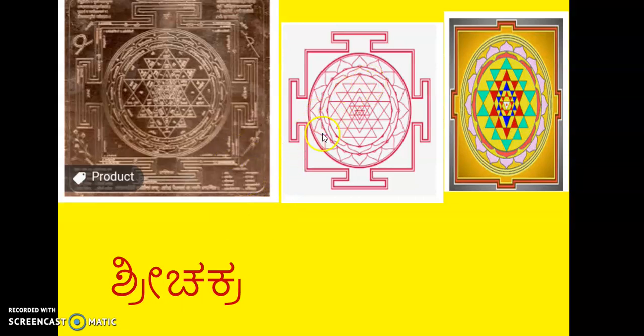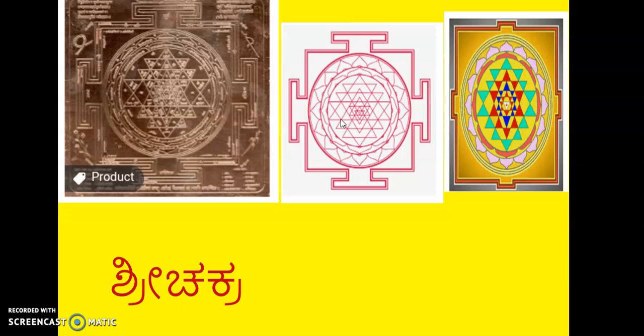Observe carefully here: 1, 2, 3, 4, 5, like this, there are 9 interwoven isosceles triangles, arranged in such a way that they produce again 43 subsidiary triangles. These 9 isosceles triangles produce 1, 2, 3, 4, 5, 6, like that, 43 subsidiary triangles.